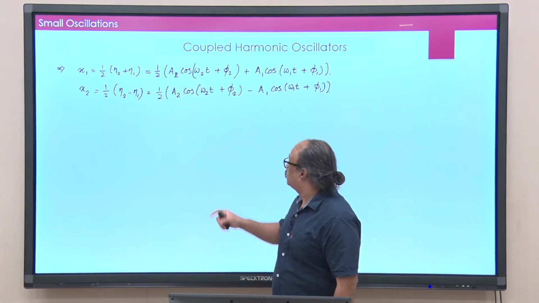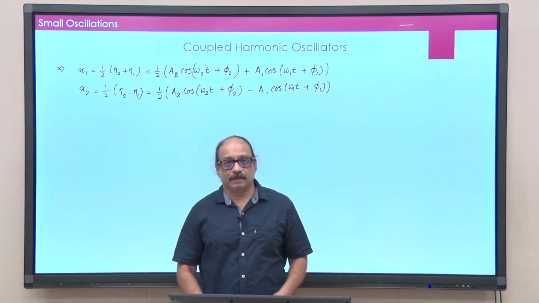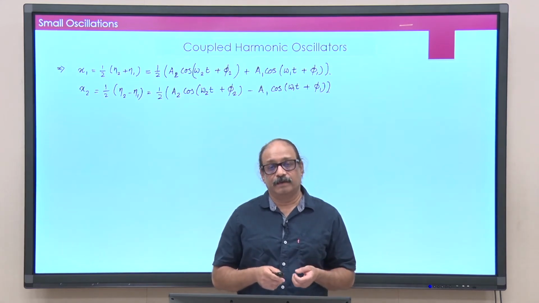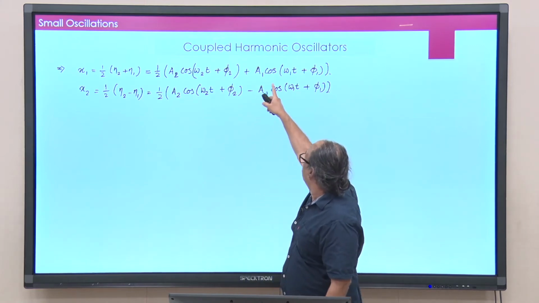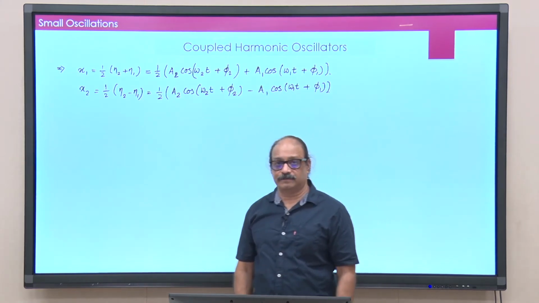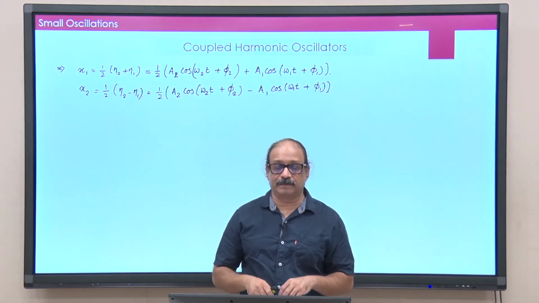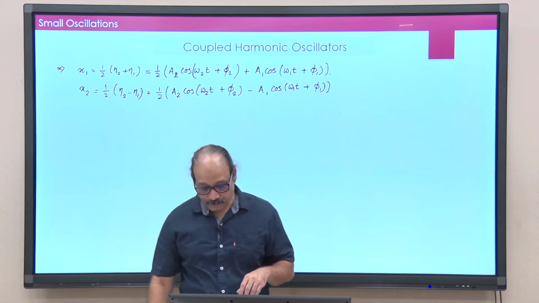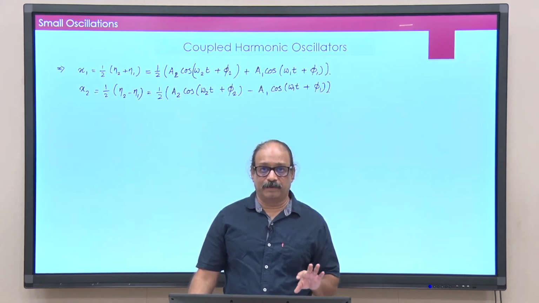Now, eta 2 is basically nothing but a 2 times cos of omega 2 t plus phi 2, and plus a 1 times cos omega 1 t plus phi 1, that is eta 1, and similarly you get the expression for x 2.